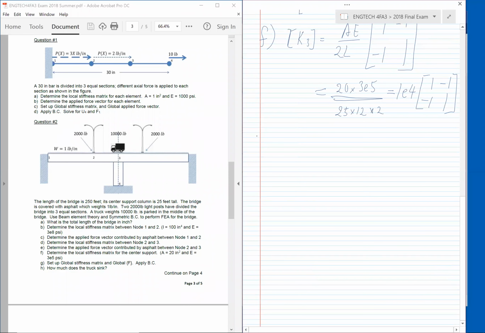Set up the global matrix. The first step, I would like to define the global displacement vector, because that displacement vector will drive me to assemble. The global displacement vector will define the location where you put the entry of the matrix. First step, 1, 2, 3, 4, we'll just name it as is.